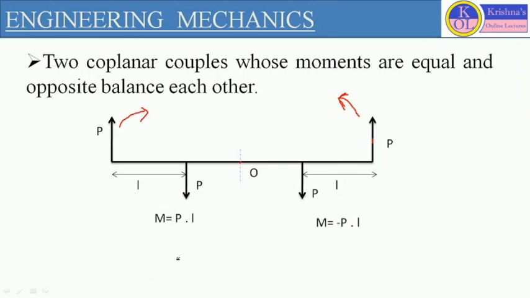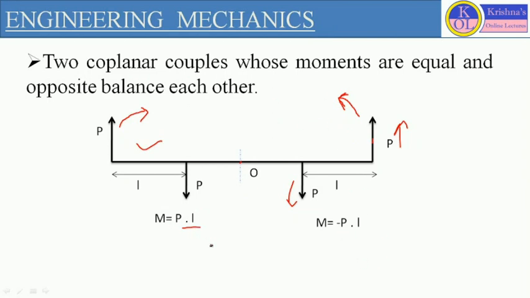If we define the moment of the couple for both conditions, considering the clockwise direction as positive, then for this condition M equals P into L. And this particular force P in the opposite direction, here vertically upward and this vertically downward, forms a couple which is represented as minus P into L because of the opposite direction.